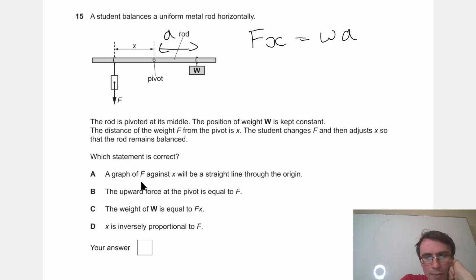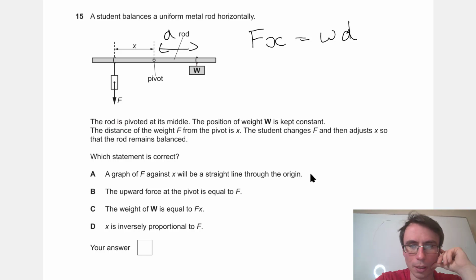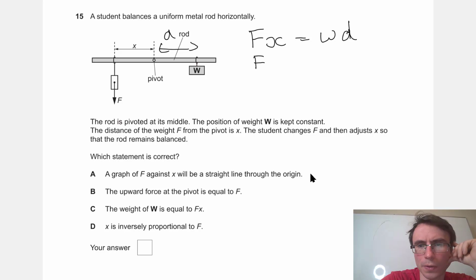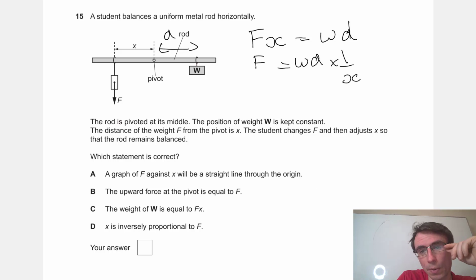Now, a graph of F against x will be a straight line through the origin. This is interesting. I disagree with that, because F will be W d times 1 over x. So unless there is a dependency of d on x, it should not be a straight line.